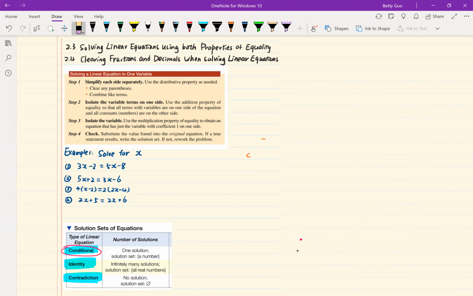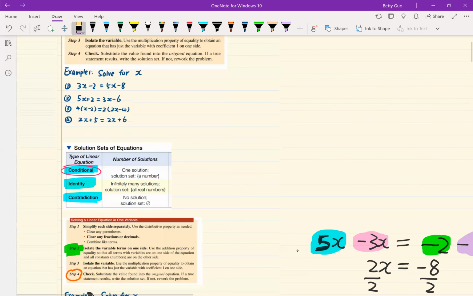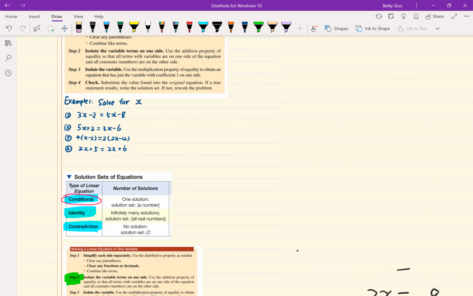When you work on your MATLAB math, we've done 2.1, 2.2, yes? In this section, we are going to see how to solve linear equations in one variable which are more complicated.